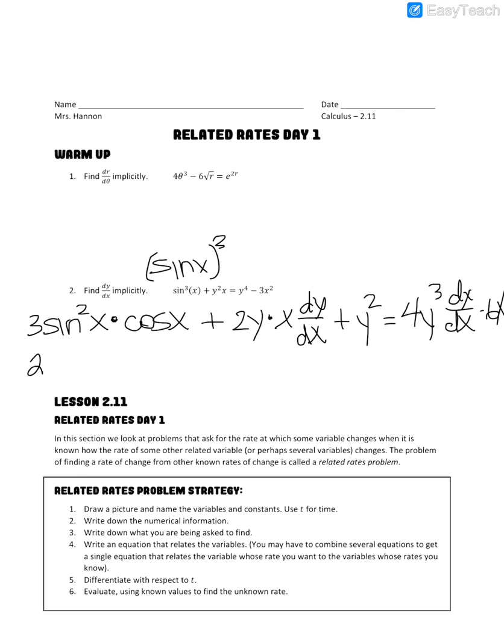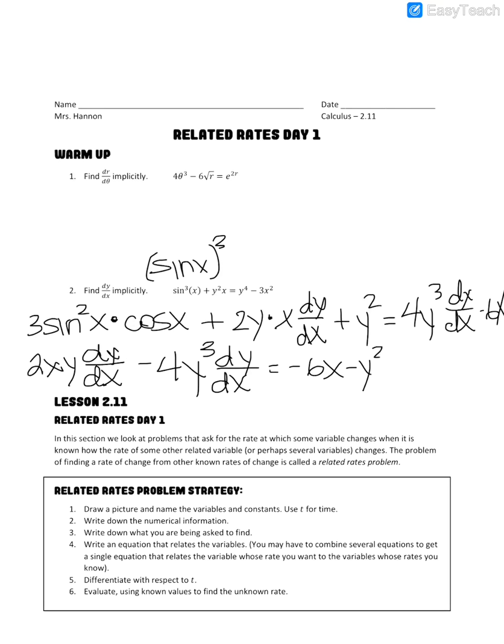So I have 2xy dy dx minus 4y to the 3rd dy dx equals negative 6x minus y squared minus 3 sine squared x cosine x. Okay, we're going to factor out the dy dx, and we're going to divide by what is left, which is the 2xy minus 4y cubed.